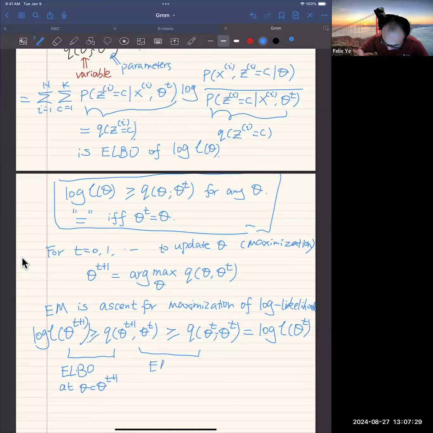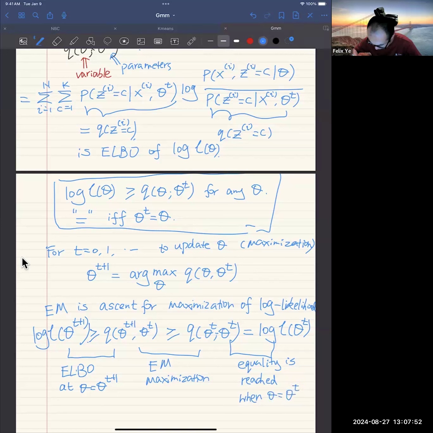This is because of my EM maximization, and because the equality is reached when theta is equal to theta t. Right, so as a result, if we try to maximize this Q function, it is equivalent to trying to maximize this log likelihood function.